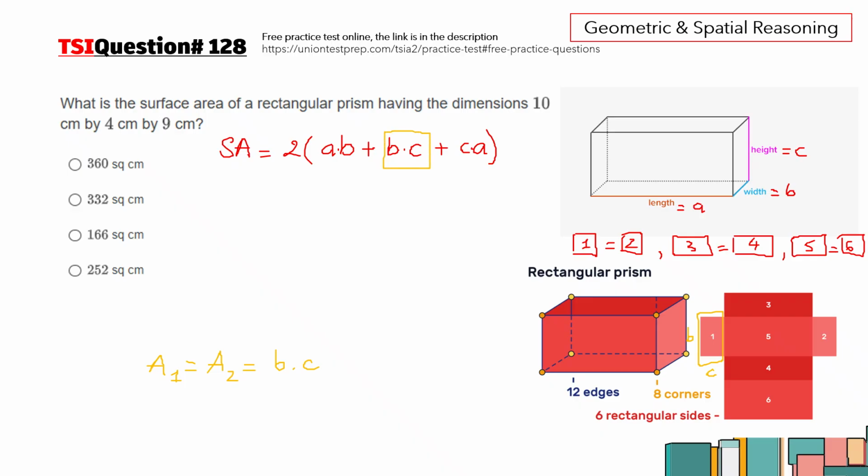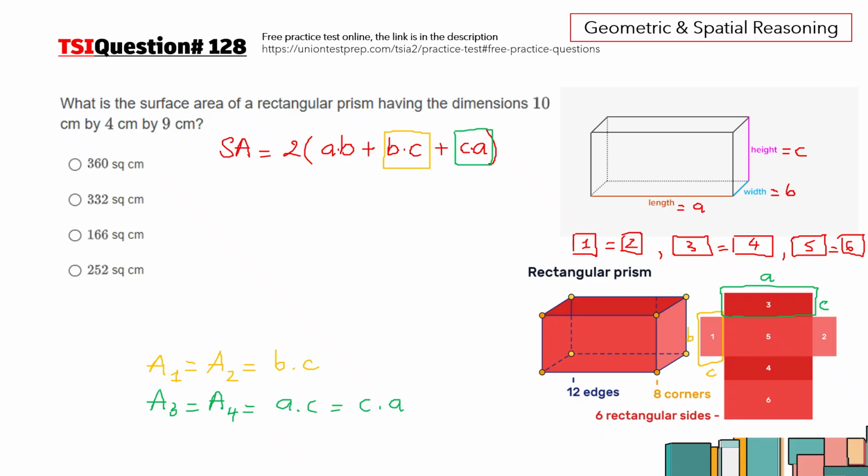Now area number 3 and area number 4 are the same. You have C right here and the length A, so that will be A times C, or C times A, the same. This part is right here.